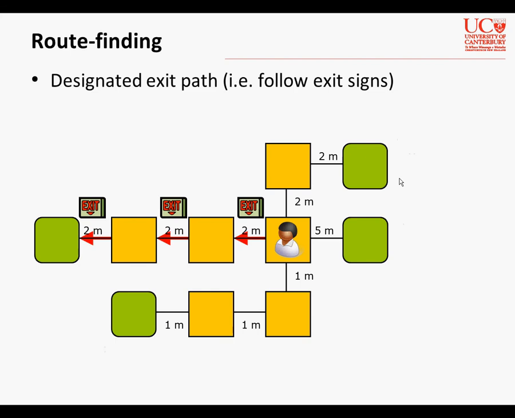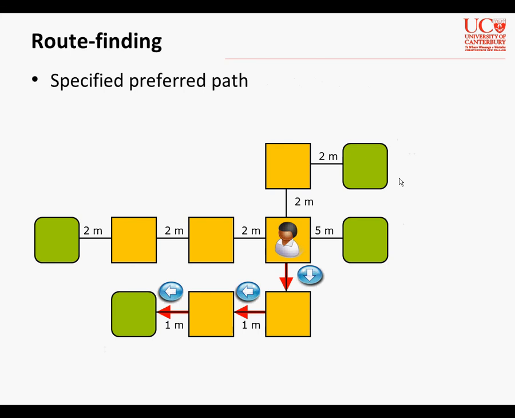With the designated exit path algorithm, the user can set up specific paths that agents must follow. Typically, this might be paths that have exit signs on the route. The specified preferred path algorithm allows the user to set up pathways that might be preferred by the agents in the model.